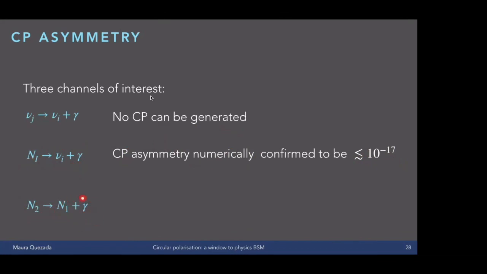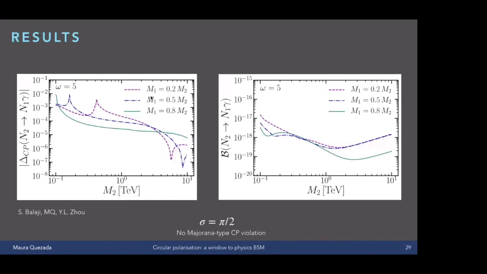We have done this for different benchmarks. Here we have the total delta CP for the case of the heaviest neutrino decaying into a lighter right-handed neutrino, for different benchmarks. In this case, we have used the best-fit oscillation data to compute this, and we have set no Majorana-type CP violation.